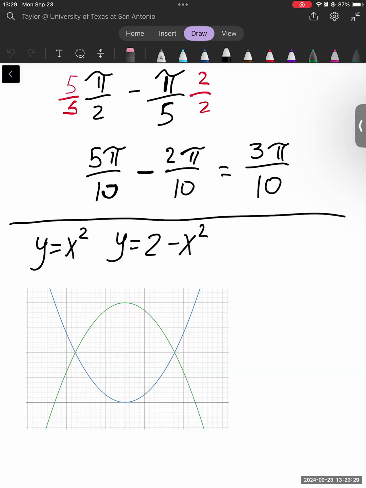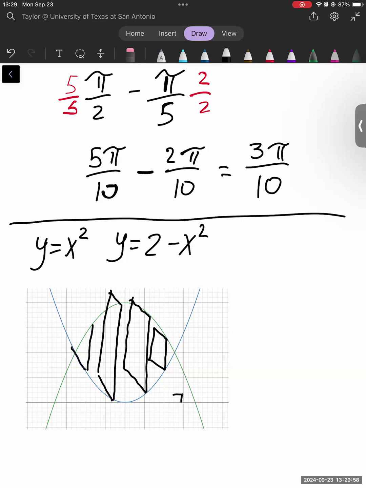And so what that looks like is I want to be perpendicular to my x-axis here, and then I'm going to draw squares. Hopefully this looks good enough. We kind of see what's going on here. We're getting volumes that are formed by these squares. Kind of makes sense what's going on here.